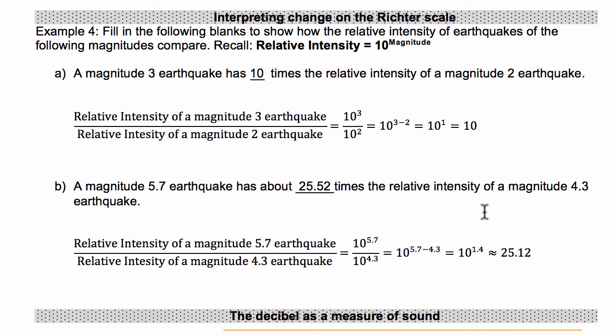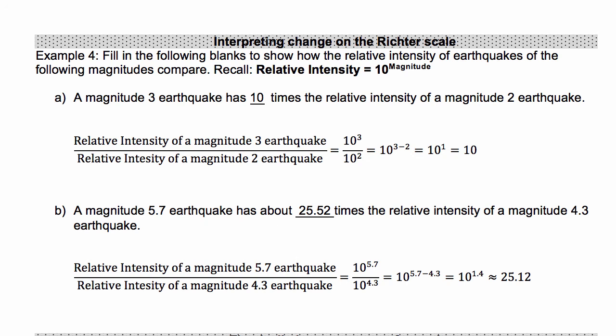However, after doing this conversion, we can see that in fact, the larger earthquake is about 25 times as intense as the smaller earthquake. This means a magnitude 5.7 earthquake is in a completely different category than a magnitude 4.3 earthquake in terms of damage done and resources needed to help repair the afflicted area.